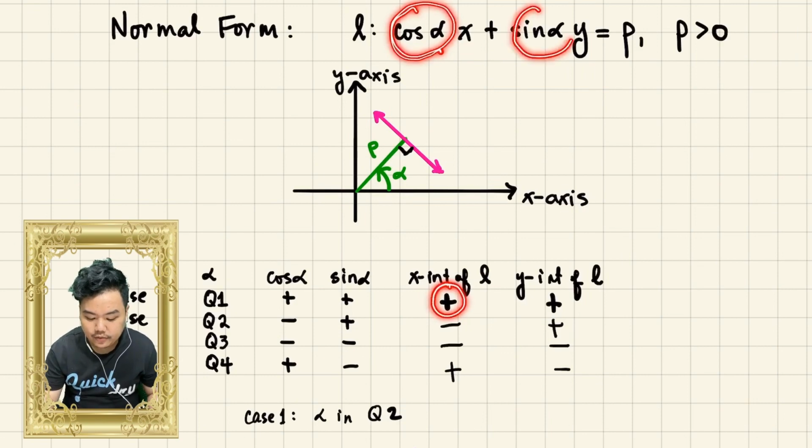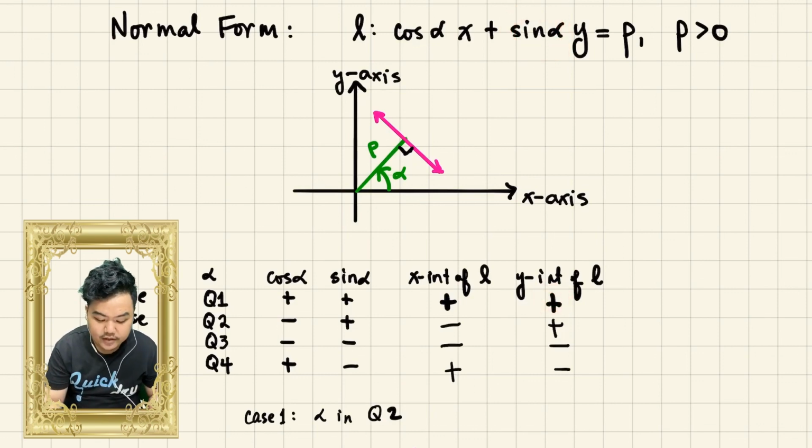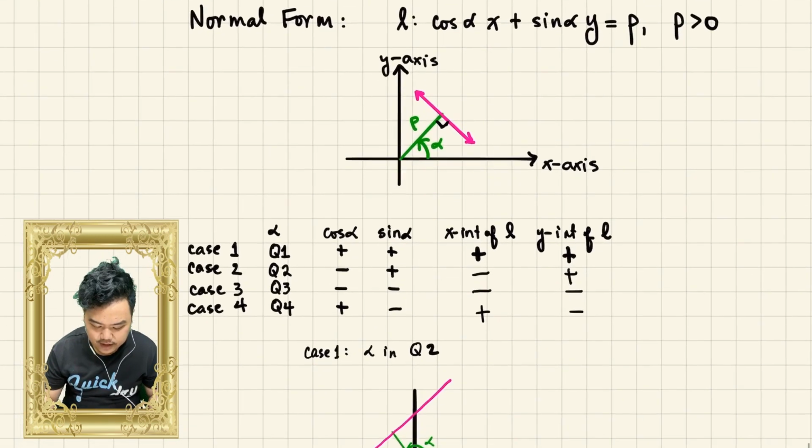Yung sign nung coefficient ni y is yung sign ng y-intercept nung line mo. So, kung negative si cosine alpha, negative din yung x-intercept. Kung positive si sin alpha, positive yung y-intercept. Okay? So, useful iyan mamaya.